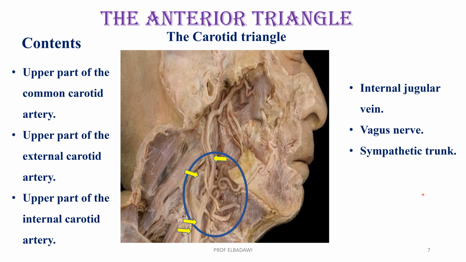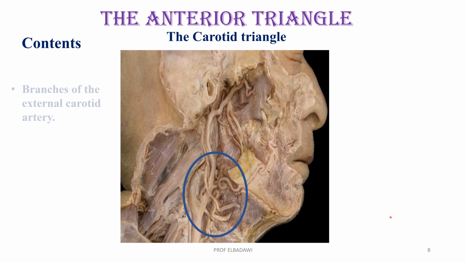The sympathetic trunk, which is embedded in the posterior wall of the sheath. The hypoglossal nerve, that is the hypoglossal nerve here crossing those vessels. The ansa cervicalis, which starts from a descending hypoglossal branch to unite with the descending cervical branch, and this is found in the roof of the triangle, embedded in the deep fascia.